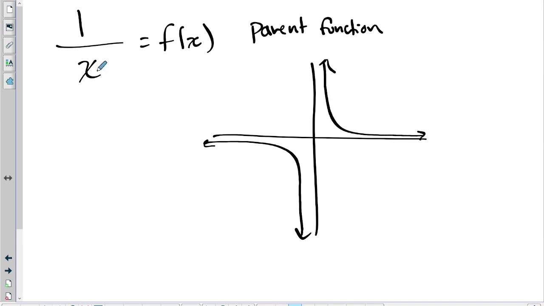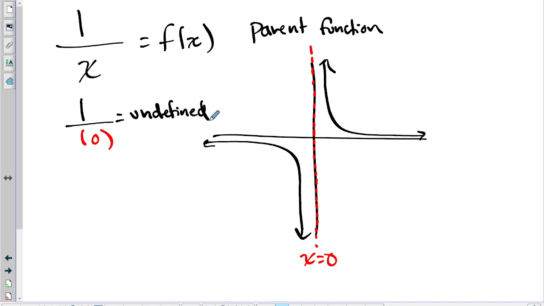There's one value of x that, if I plug in x equals 0, then in my function that becomes 1 over 0, which anytime you divide by 0, that is undefined, right? It's trying to put 0 into groups, but 0 can't go into anything.